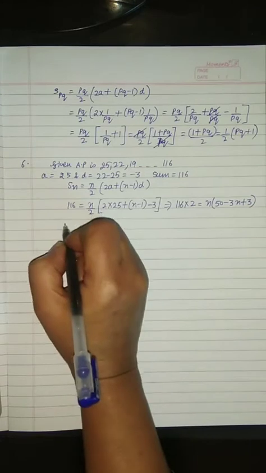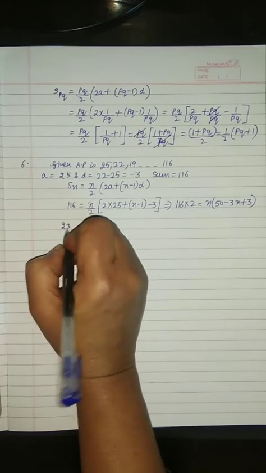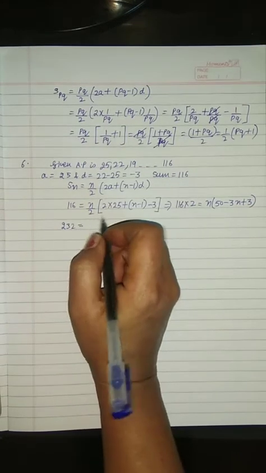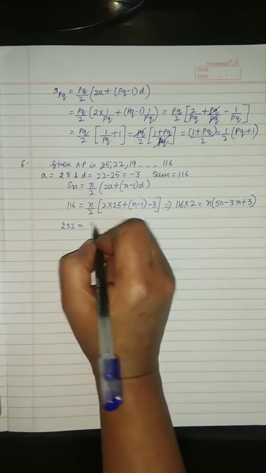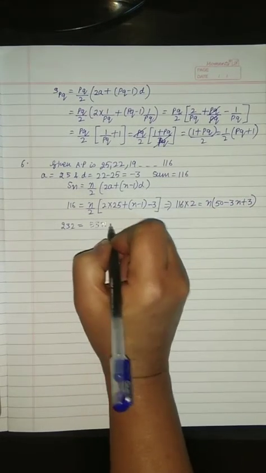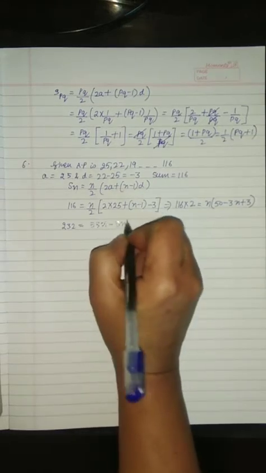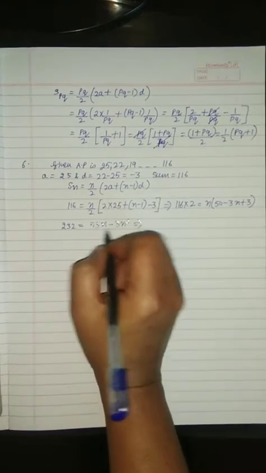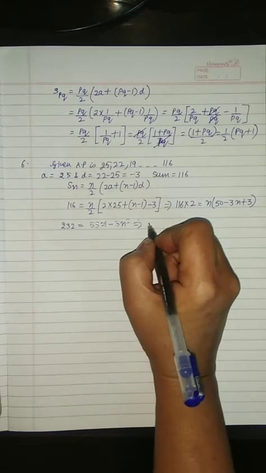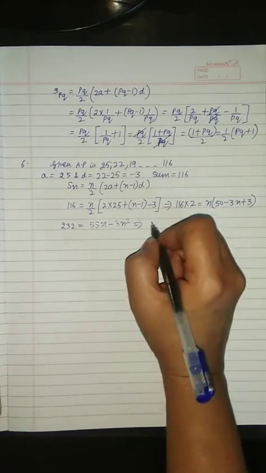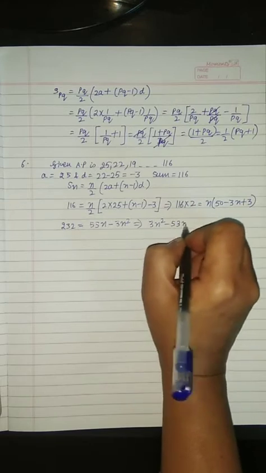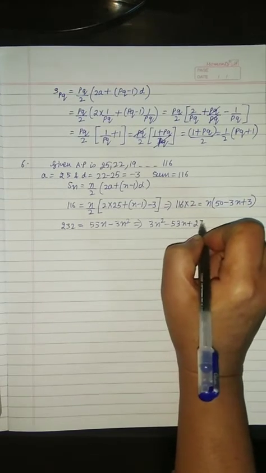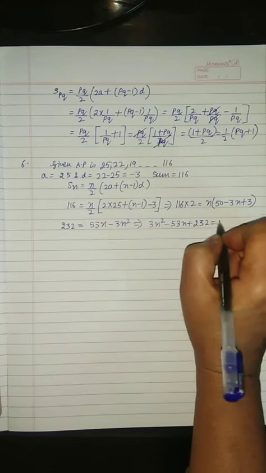Now it will become 232 is equal to 50 plus 3 is 53, so it will become 53n minus 3n square. So transposing these two terms to the other side, we will get a quadratic in n. So it will become 3n square minus 53n plus 232 is equal to 0.